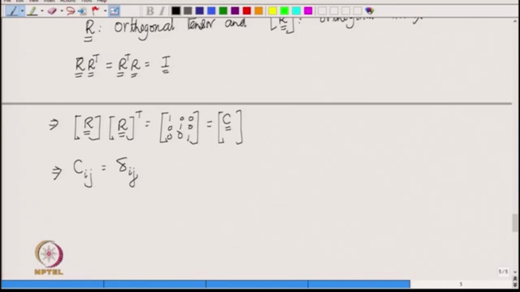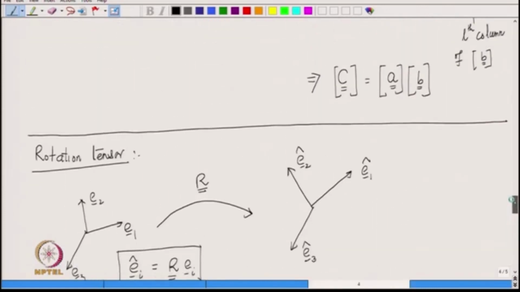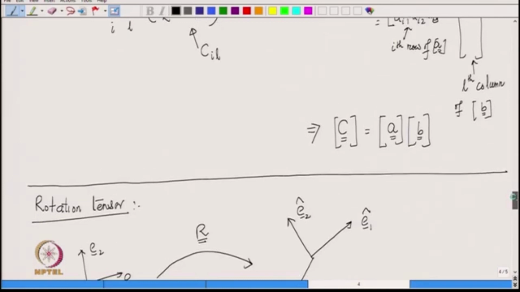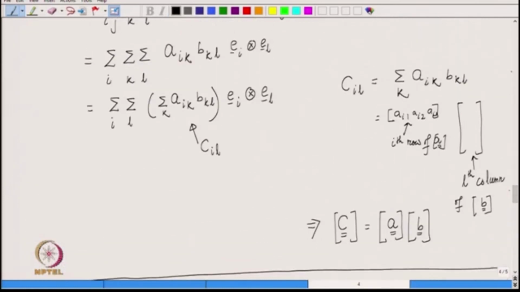But you also know from the matrix multiplication you have R into R transpose. So, we just worked out C_ij when you have two matrices multiplying, the resulting matrix coefficient C_il, for example, is A_ik B_kl, right.